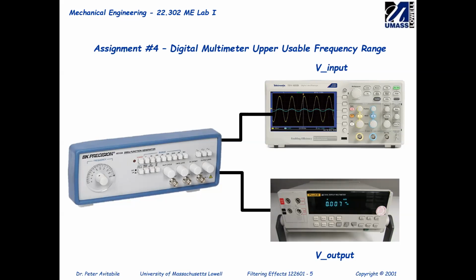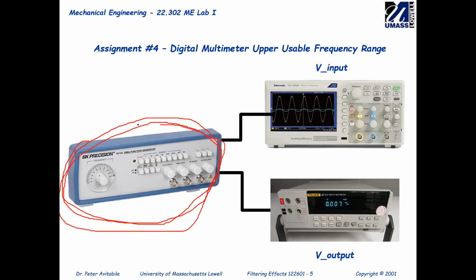The amplitude of the signal will be recorded with the multimeter and oscilloscope at various frequencies. So the output is going to remain the same throughout this assignment. The only thing that is going to change is the frequency. Remember that amplitude and frequency and shape is being changed from the function generator.